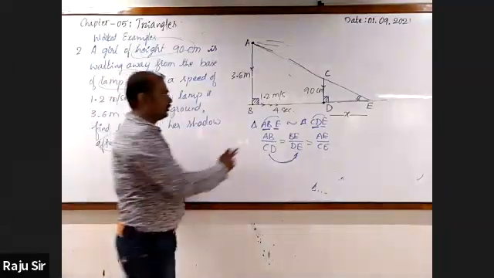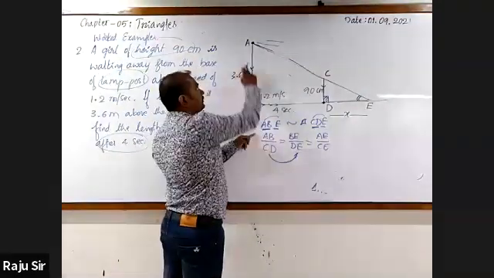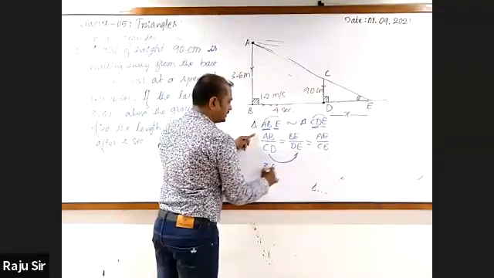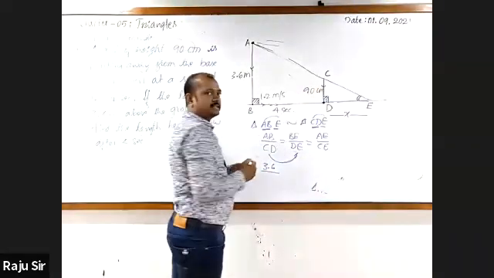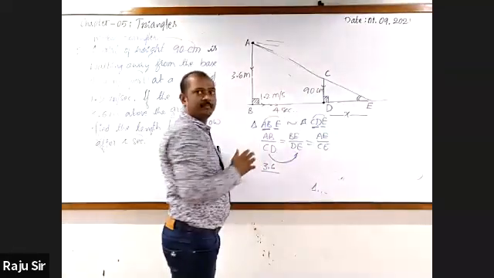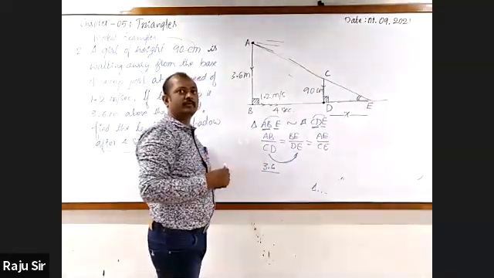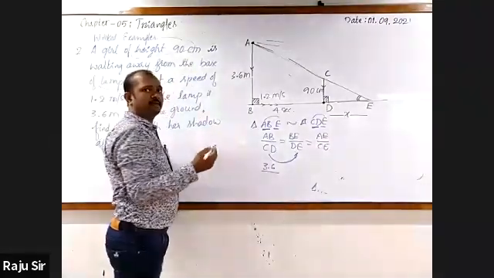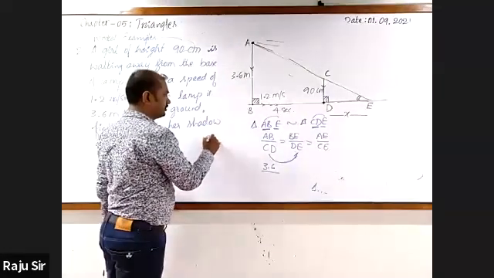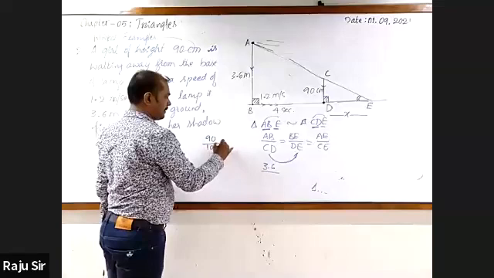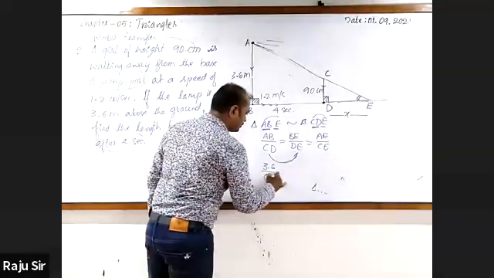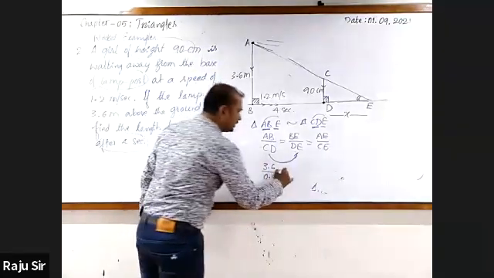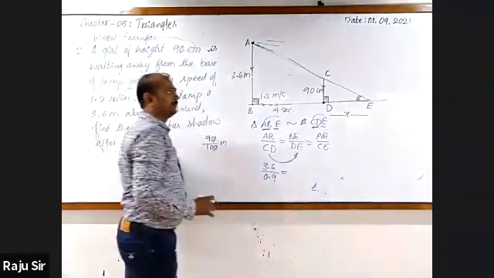Got it? What is AB? 3.6 meter. What about CD? 0.9 meter. 90 centimeter, 0.9 meter. So 3.6 by 0.9 is equal to BE by DE.